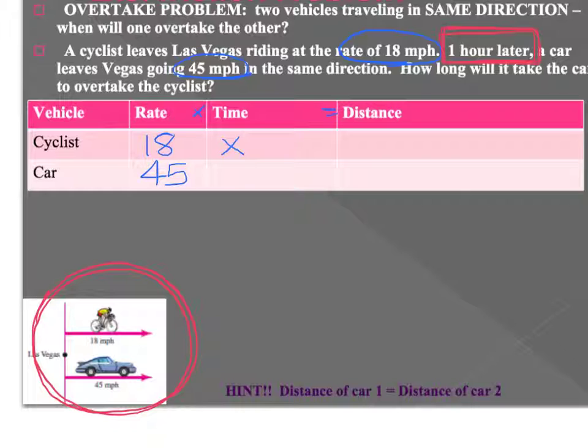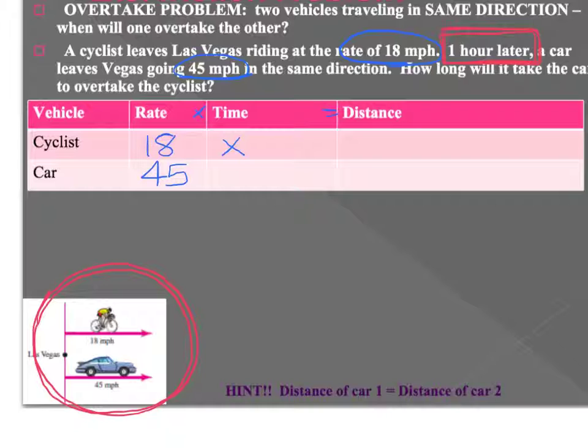So if we think about it, using an example for time, let's say that the cyclist was driving for 5 hours, for example. And remember, this is just an example to kind of wrap our minds around how long each of them were driving and how they relate.